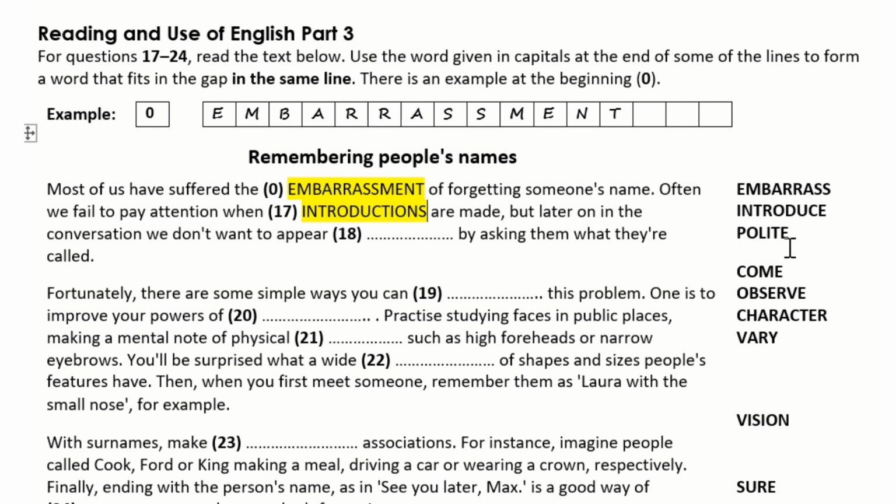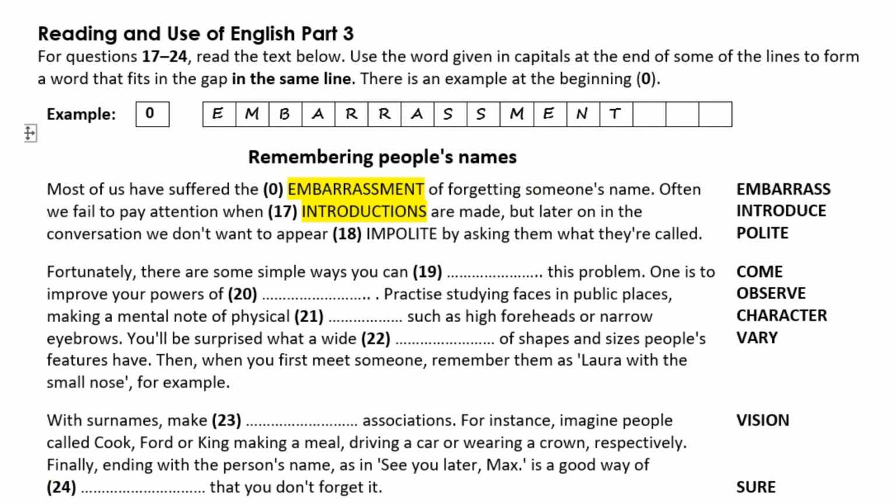So the only way we can make this make sense is if we add a prefix to polite to make it mean the opposite of polite. And the way we do that is use the prefix im, impolite. That's the correct one for that adjective, polite.